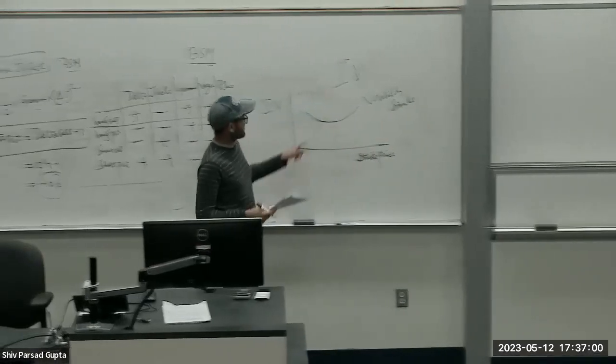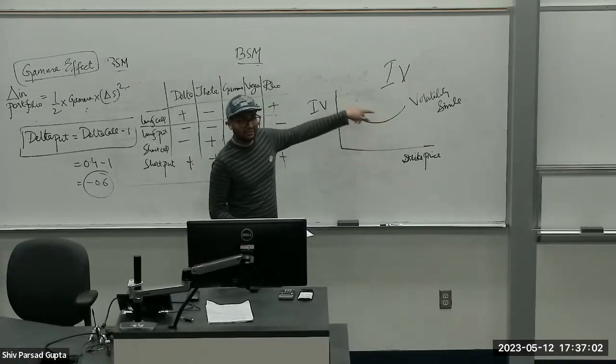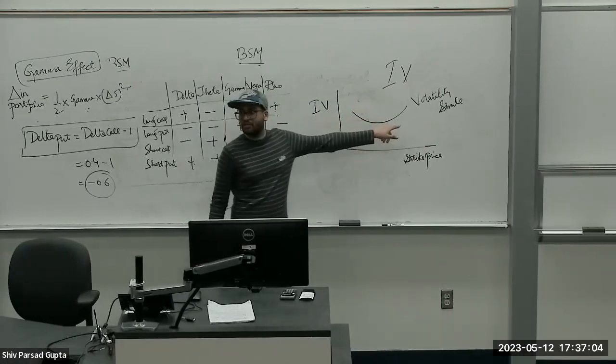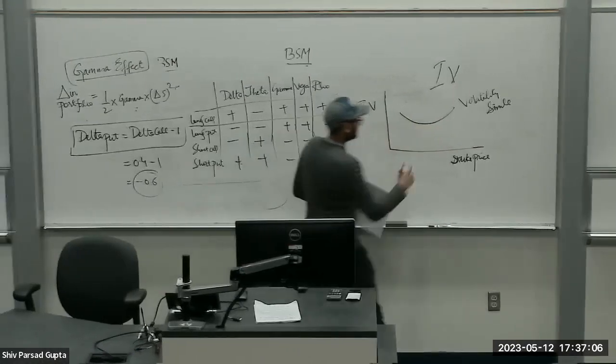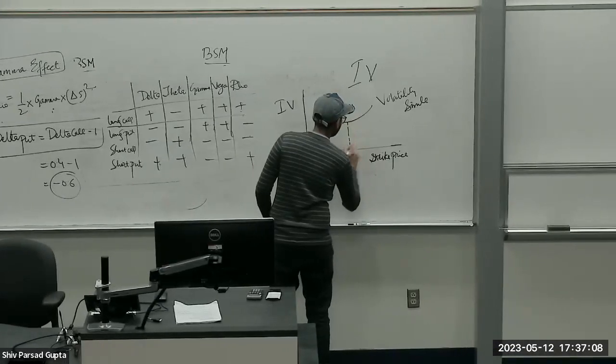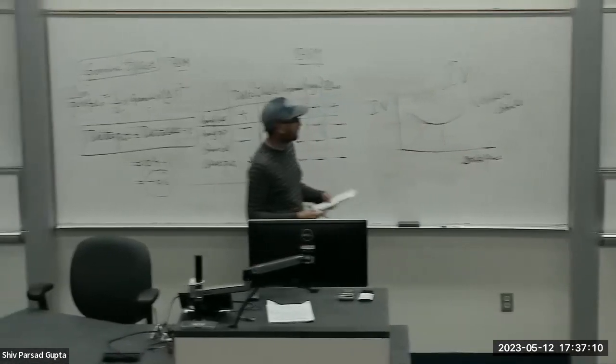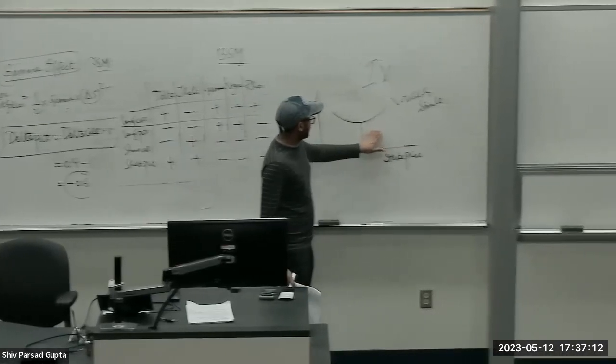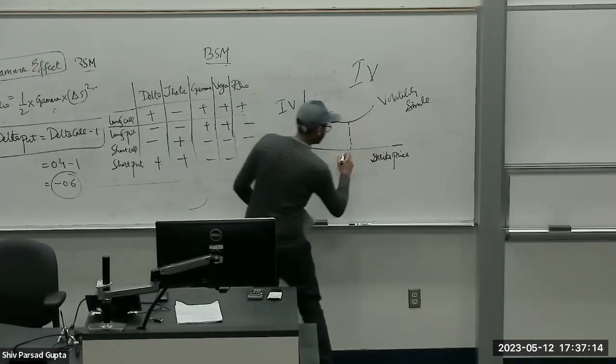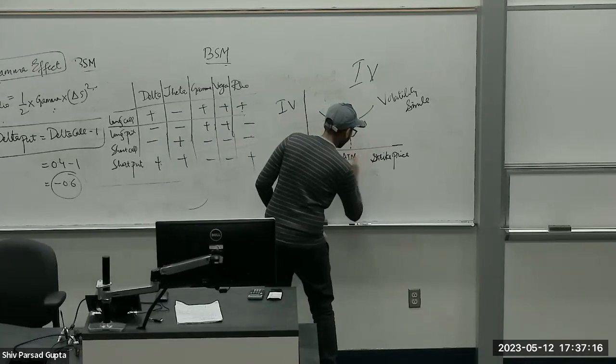We know the smile shape, so this graph is also a smile shape, the volatility smile. And what does this indicate? This volatility smile shows that this is the at the money call and put.